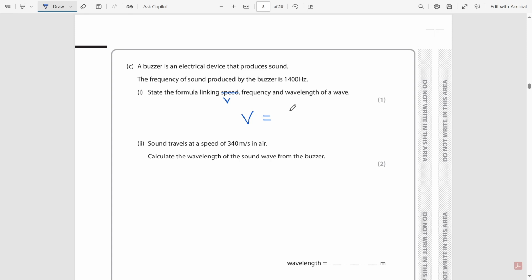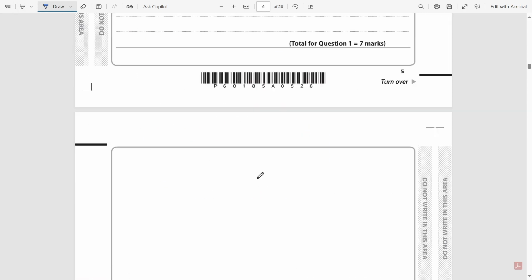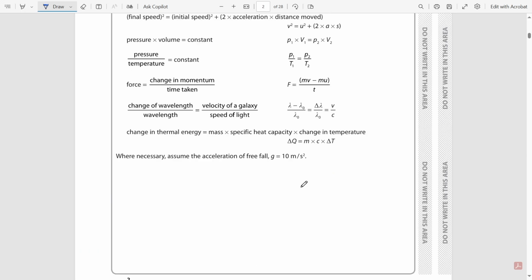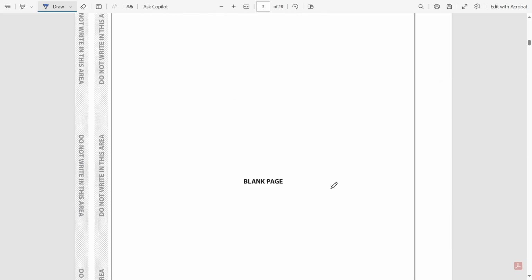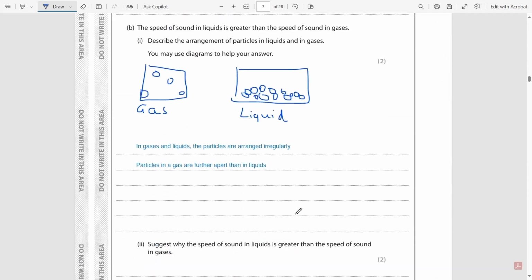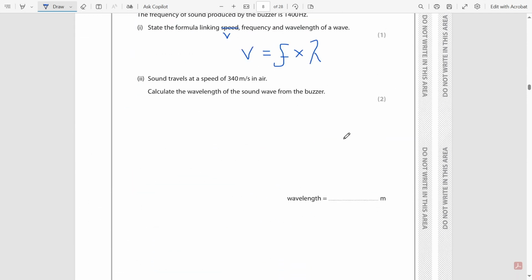So v equals frequency times wavelength, or lambda. Remember, guys, I think it's actually, is it up here? No, it's not. I think I even stated that at the start. Okay, yeah, that's the answer.